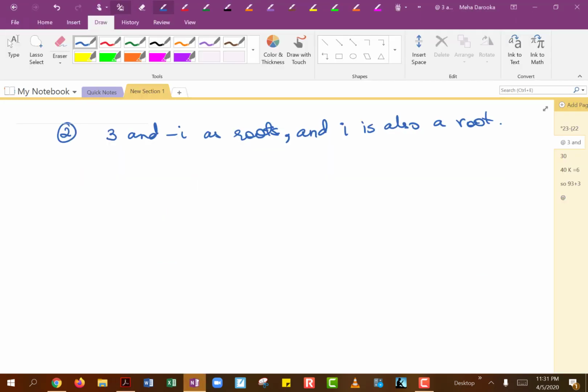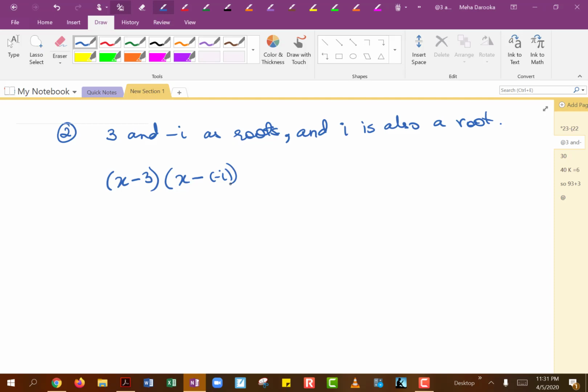So if 3 is your root, then that means it comes from the factor of x minus 3, right? If negative i is our root, then negative i is actually going to come from the factor x minus negative i. So you'll actually end up having two negatives here.